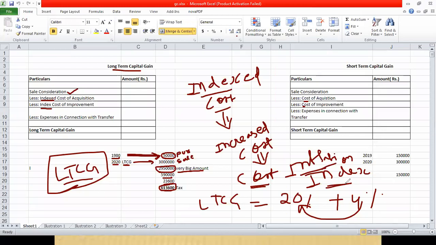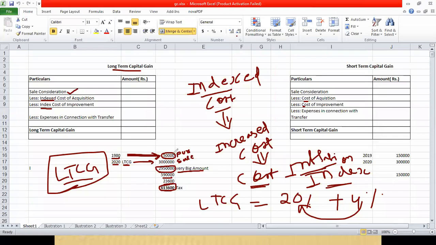What is the cost inflation index? That we'll understand at the time of illustration. So everybody understood this much: what is indexation and why indexation is applicable for long-term capital gain. The difference will be huge, and you cannot compare 1980 and 2020, because there will be a huge difference in cost between these 2 years.